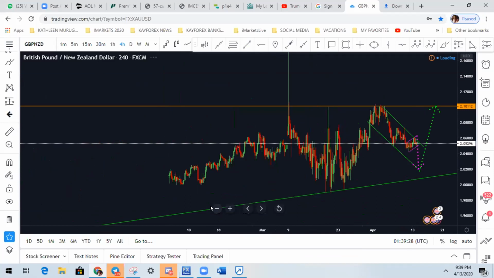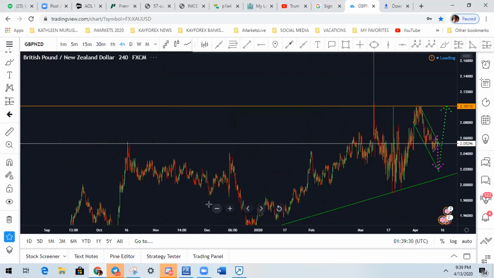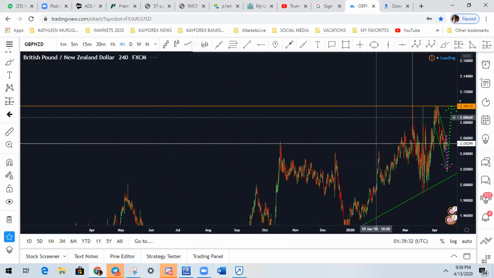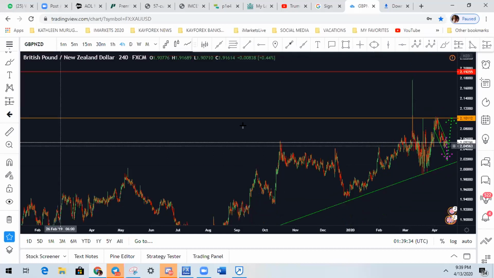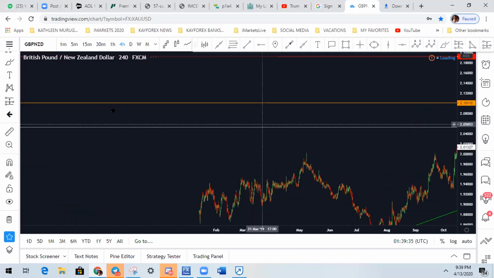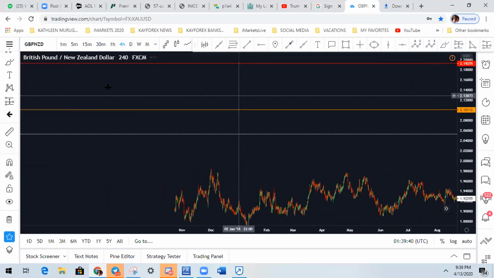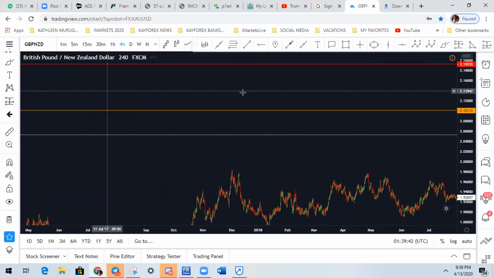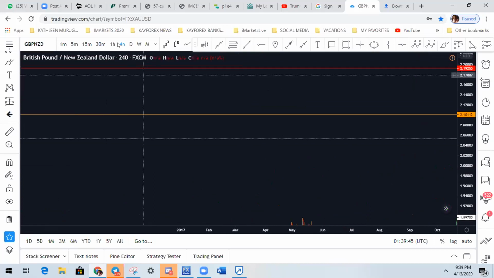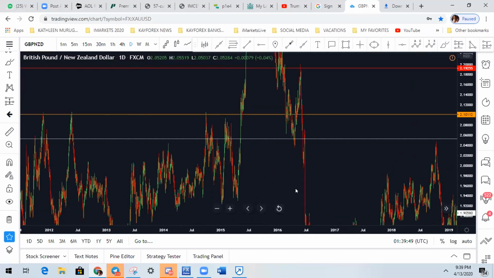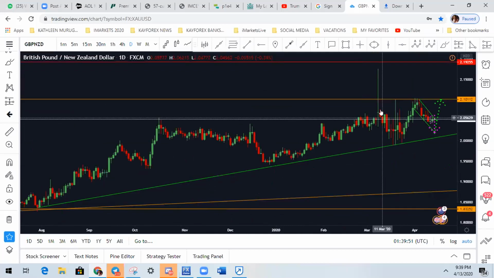You can keep looking and seeing if there's an engulfing candle, something to show you that there was price action there. So you can go on the higher time frame.